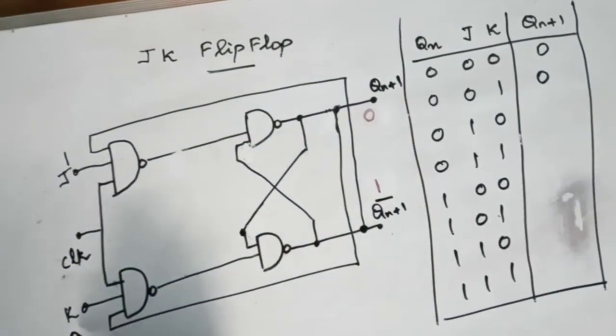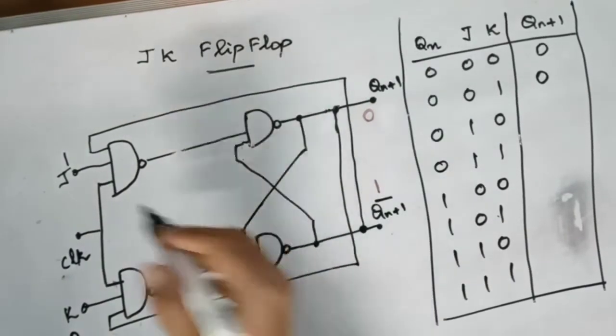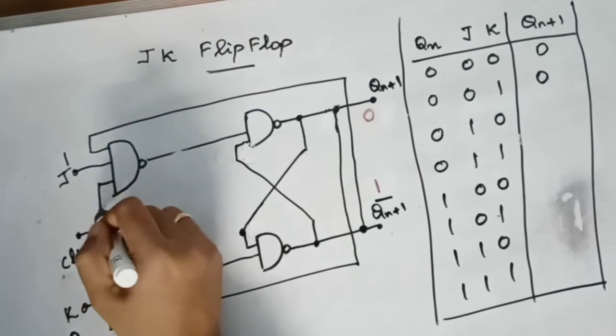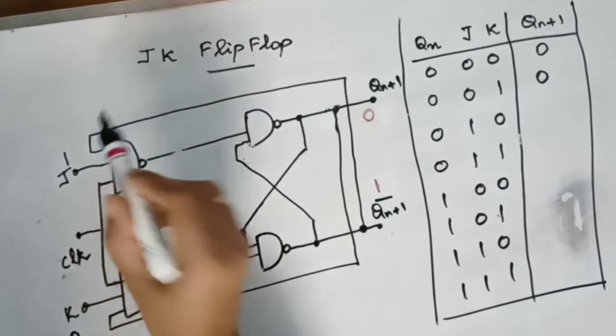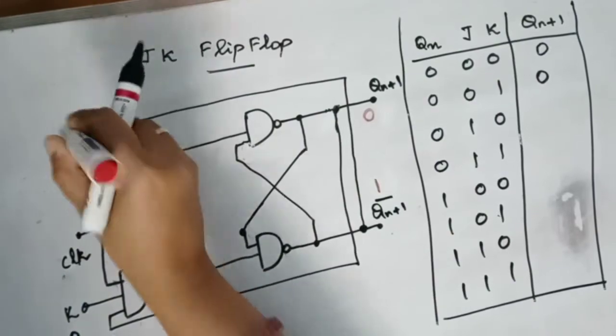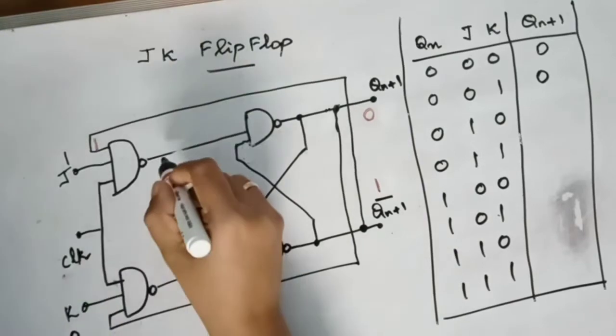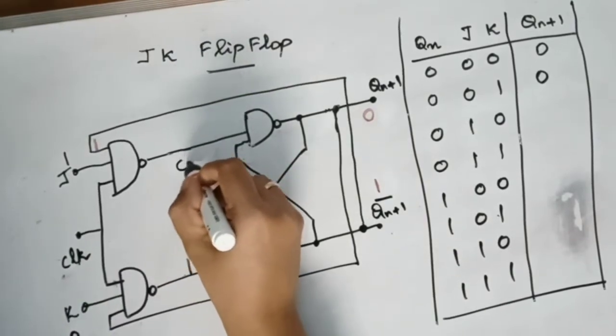Since K has a 0, we needn't check the others. This is a 1. But since these two are 1s, clock and J is 1, you need to know what the other input is. And here it is 1. So all are 1s, and the output of this NAND gate is 0.